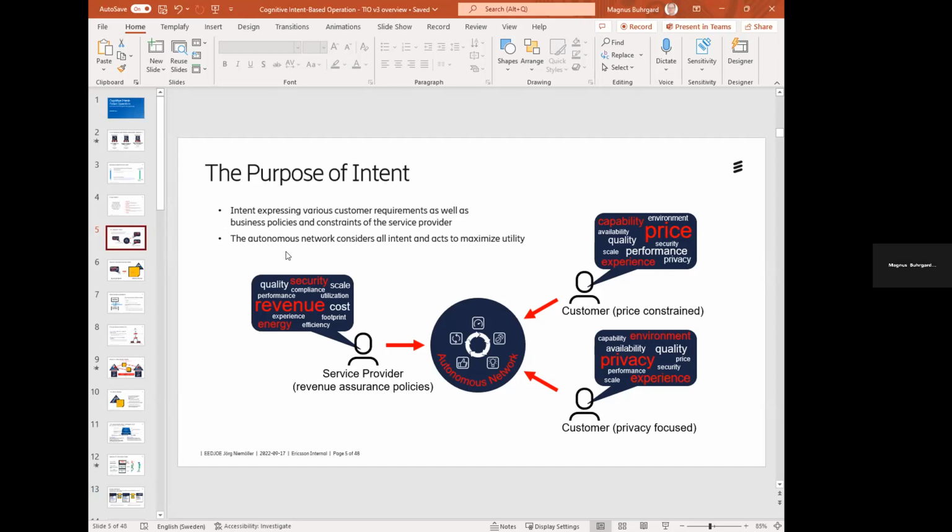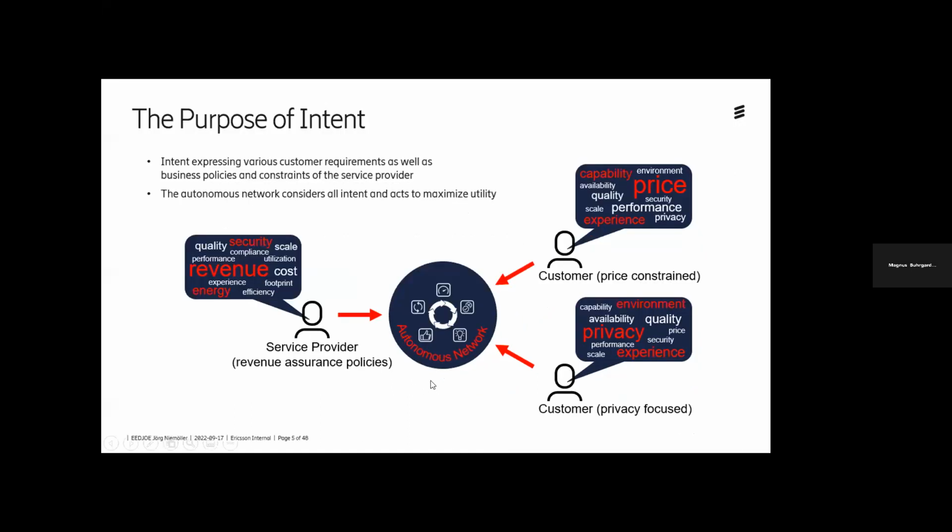Of course, the purpose of the intent is that you have a service provider that has intents for revenues, security, all the things that he's interested in optimizing. There is an intent from the customer, one customer and another customer, and all of those intents go into the autonomous network.